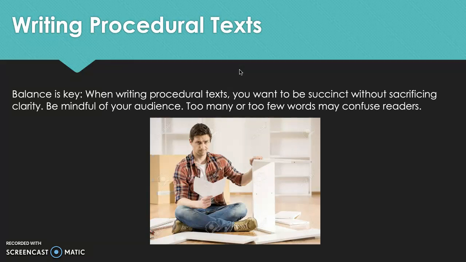So you have to, as with all business and technical writing, be aware of your audience, who you're writing for. You don't want to dumb something down so much that your readers are confused because you've left something out. You've left too many inferences for them to make, and you also don't want to cram too many words or be too verbose in your procedural text because that will confuse them as well.